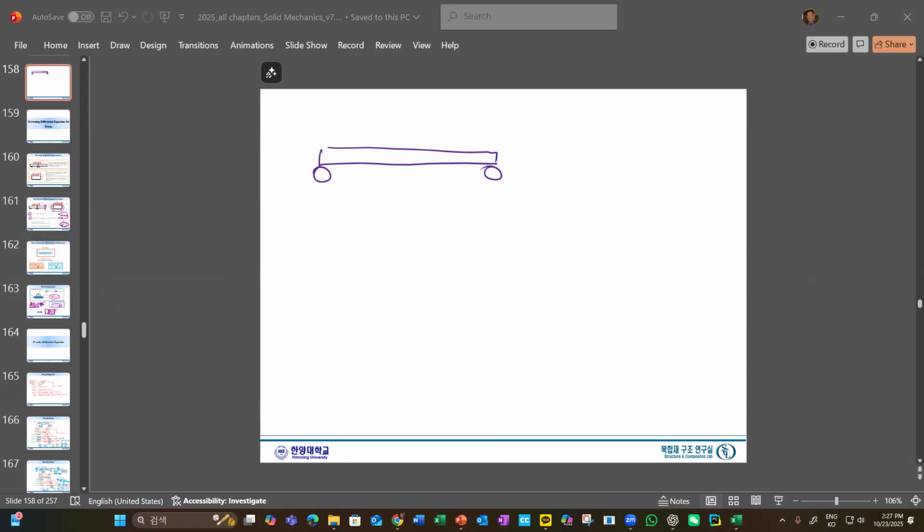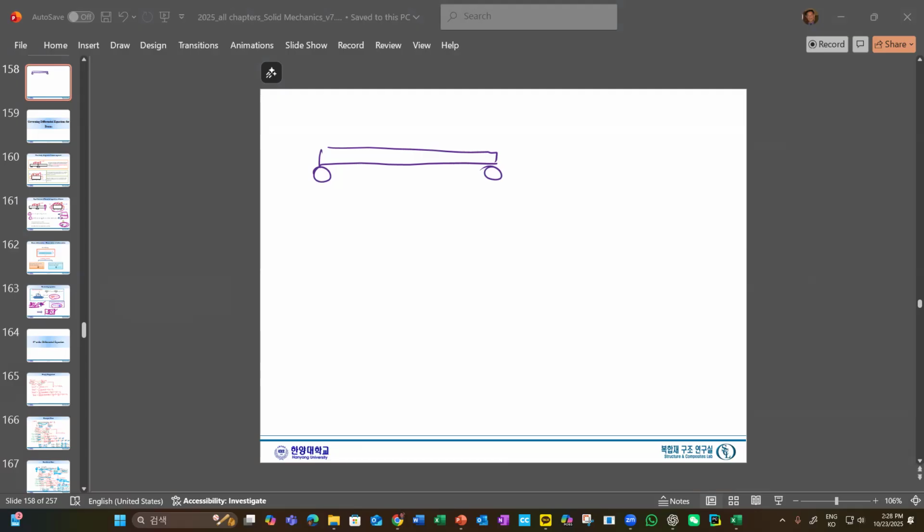How much load you apply, can you predict how much load it can support? This is a very simple case. This beam certainly has a diameter and Young's modulus, and mathematically a bending rigidity.